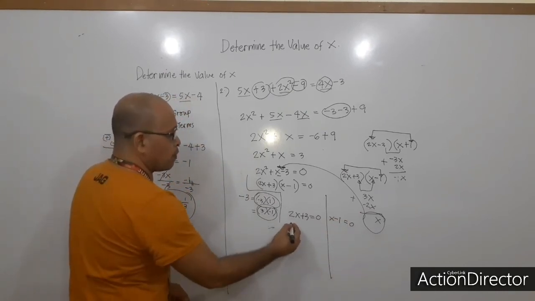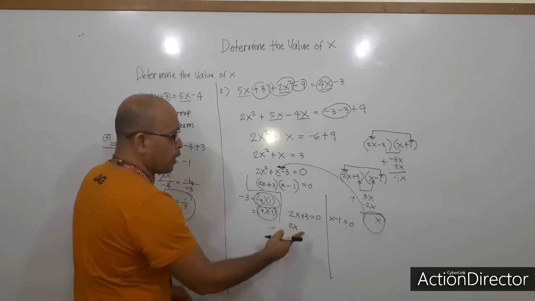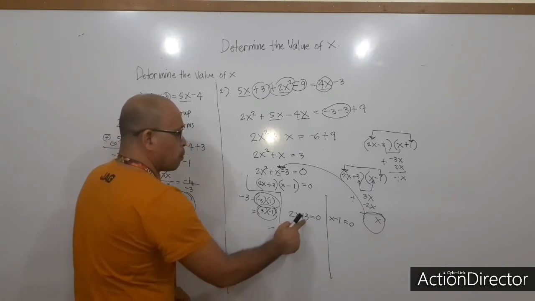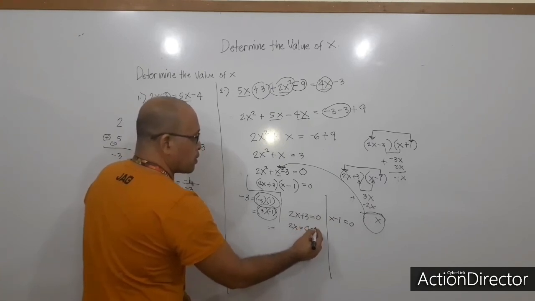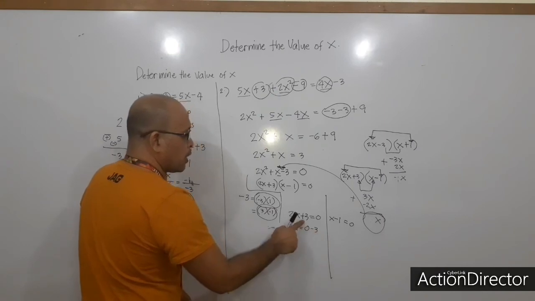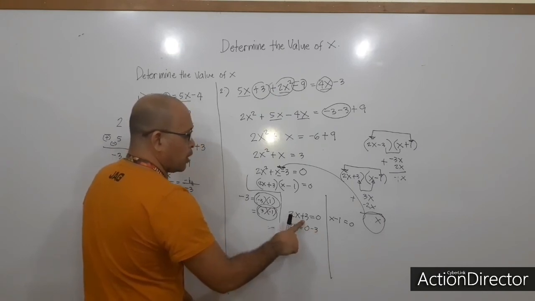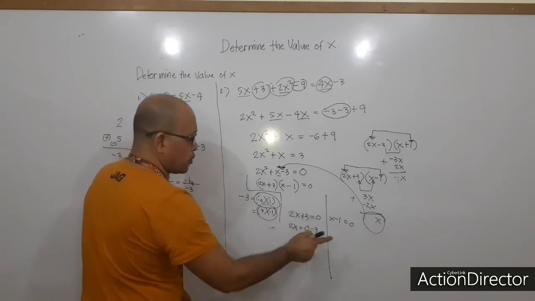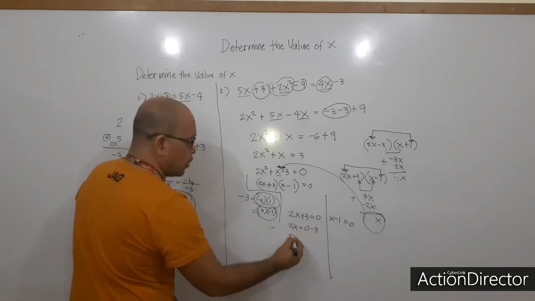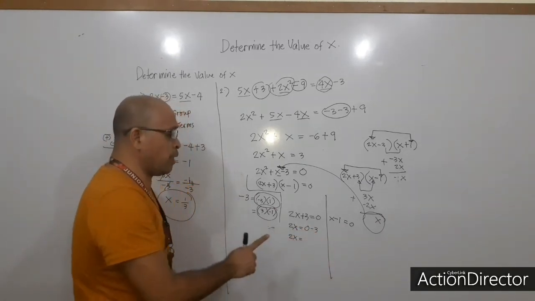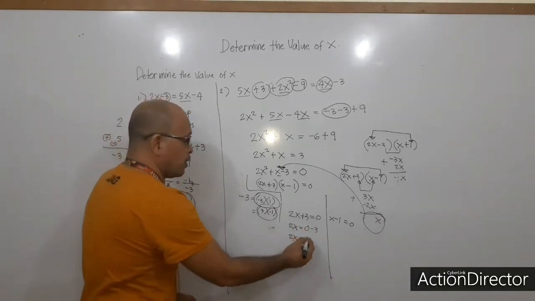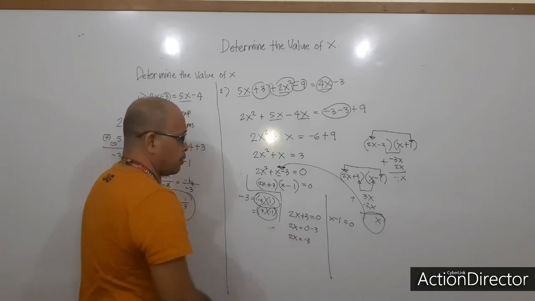So you have 2x, solve for x now. Transpose plus 3 to the other side, it will become 0 minus 3. So from this side, positive or plus, it will become minus when you transpose plus 3 to the other side. So you have 2x equals 0 minus 3. This will be negative 3.